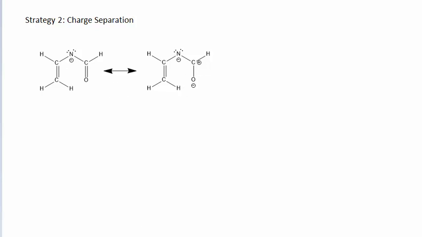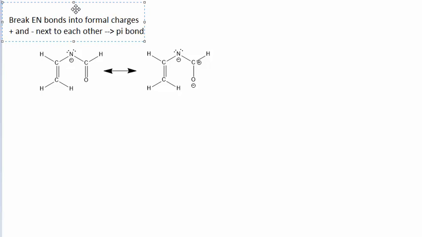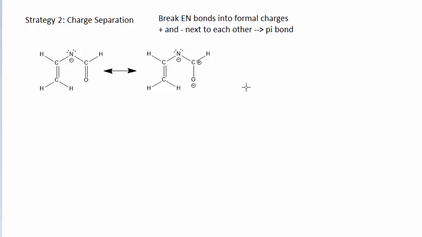Generally the way you do this, the golden rule, is you can break these pi bonds. I should specify here so you don't ever try to break a sigma bond. You could break pi bonds into their formal charges. And generally, you know that oxygen is more electronegative, carbon is less electronegative. So carbon will get the positive and oxygen will get the negative.